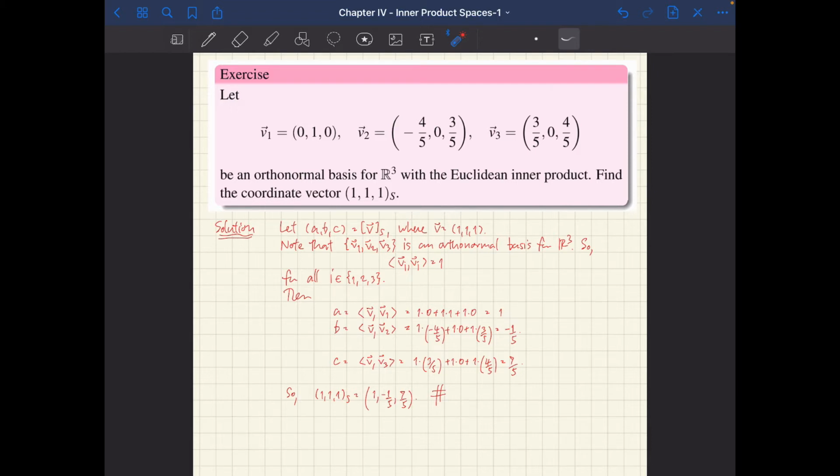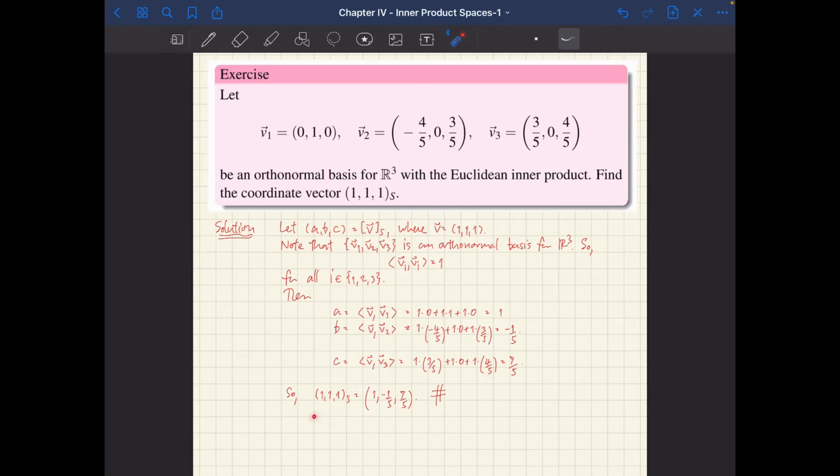We find that, if we let v be the vector (1, 1, 1), a is the inner product of v and v1, which is equal to 1, b is the inner product of v and v2, which is equal to -1/5, and c is the inner product of v and v3, which is equal to 7/5.